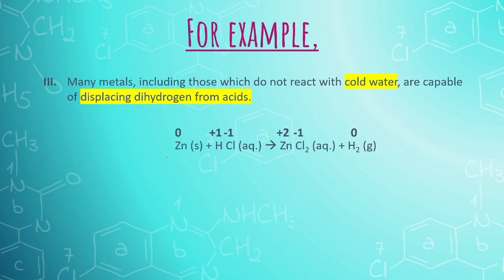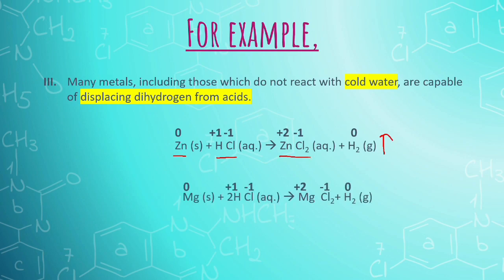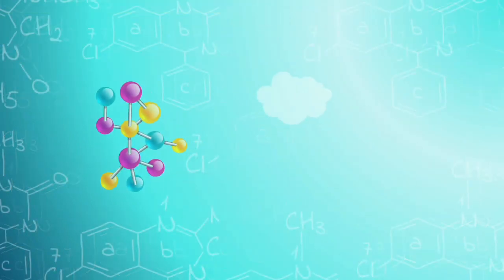For example, zinc cannot react with cold water but reacts with acid to displace dihydrogen. Zinc reacts with hydrochloric acid, HCl. It displaces hydrogen from HCl and forms zinc chloride. Similarly, when magnesium combines with HCl, magnesium displaces hydrogen and forms magnesium chloride.